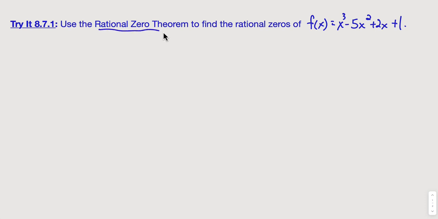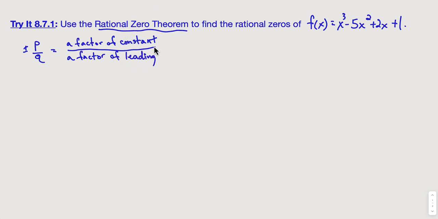Some people call it the P's and Q's, because what we're ultimately looking at are plus or minus P over Q, where P is a factor of the constant, and Q is a factor of the leading coefficient.